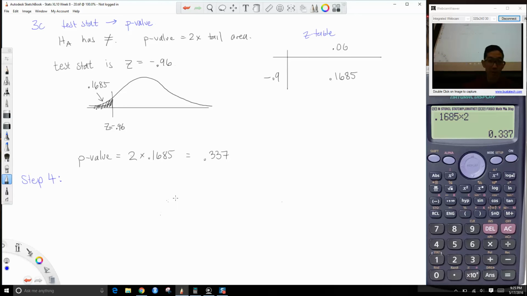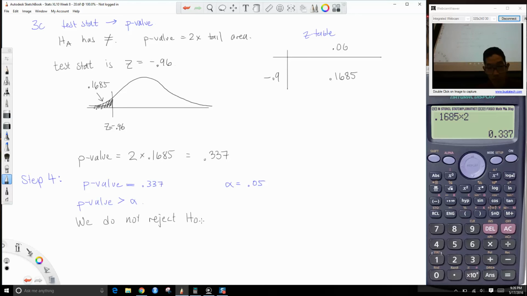All right. So as far as step 4 goes, we have our p-value equal to 0.337. And what is my alpha? Alpha is 0.05. So our p-value is greater than alpha, and this means we do not reject the null hypothesis.